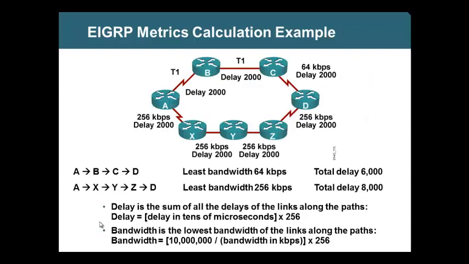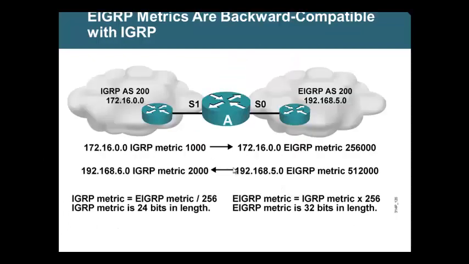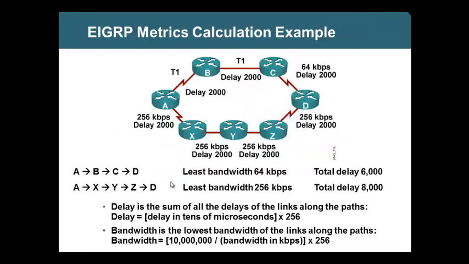Look at this picture. Between A to D, you can go via B and C like this. You can also go via X, Y, Z like this. Which one should we consider?